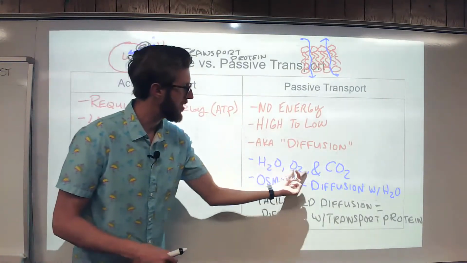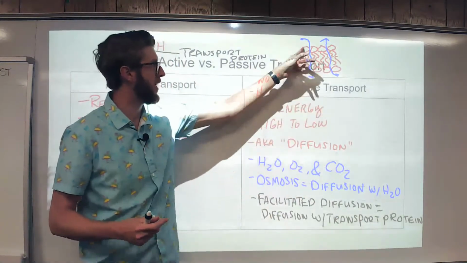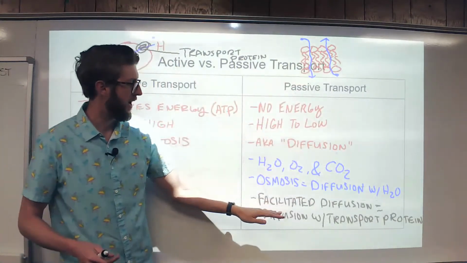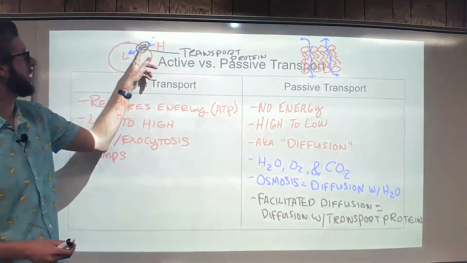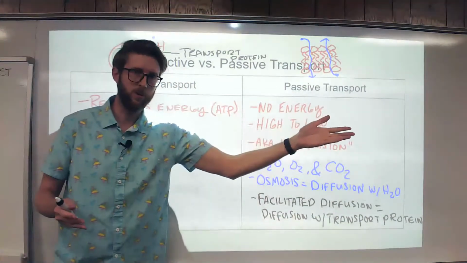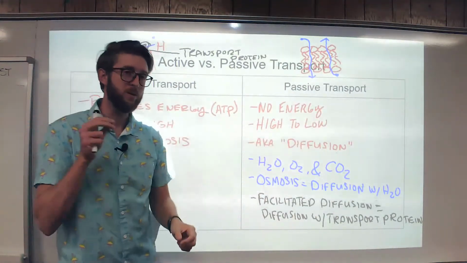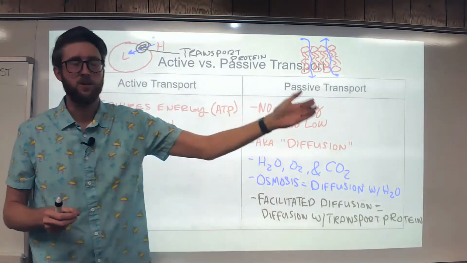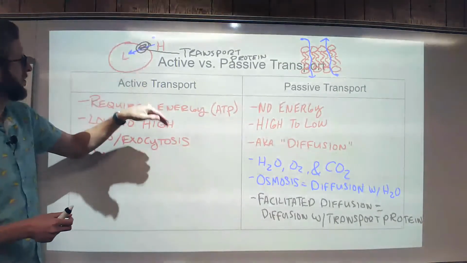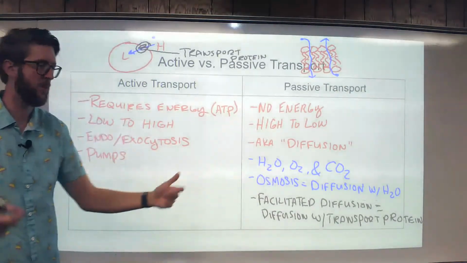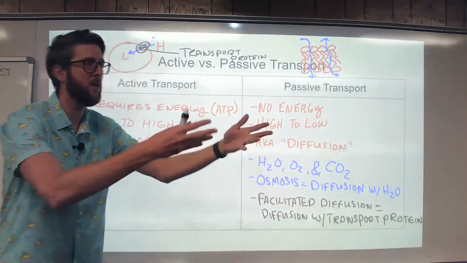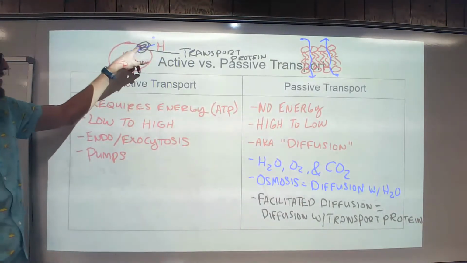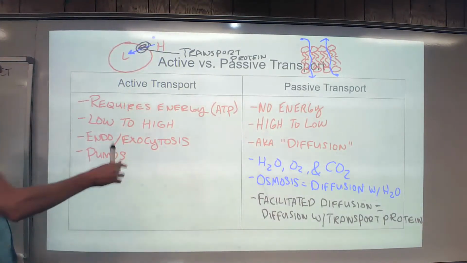If you're bigger than these things, you're too big to just go in and out of the cell whenever you want. You have to go through a transport protein, which is like a doorway to a room, okay? You're too big to just squeak through the holes in the wall, so you have to come in through the door, and that's facilitated diffusion. Still diffusion, but just being helped or facilitated by a transport protein that's in the cell membrane, okay?